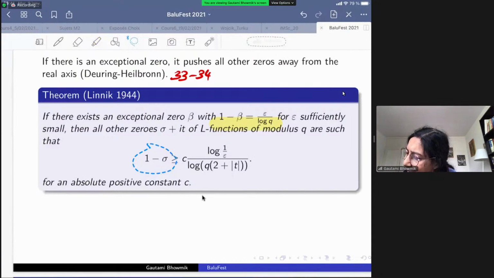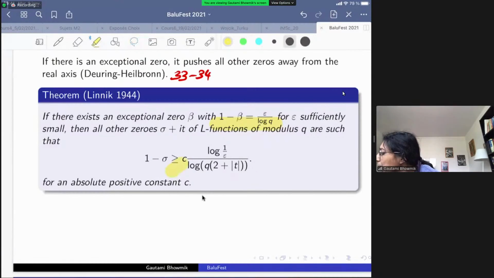And this c is an absolute positive constant. Linnik used this to find the size of the least prime in an arithmetic progression. What's nice about the way this result is stated is that we gain by a factor of log 1 by epsilon.